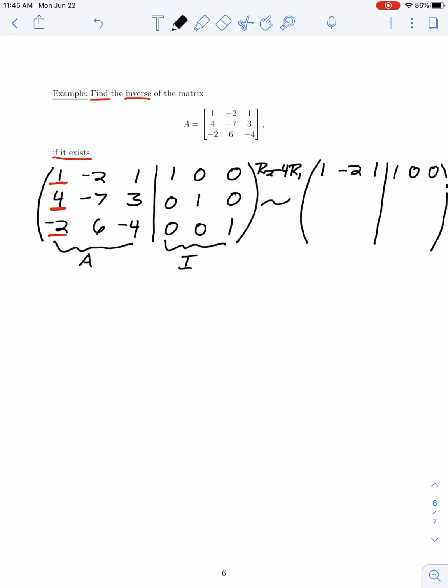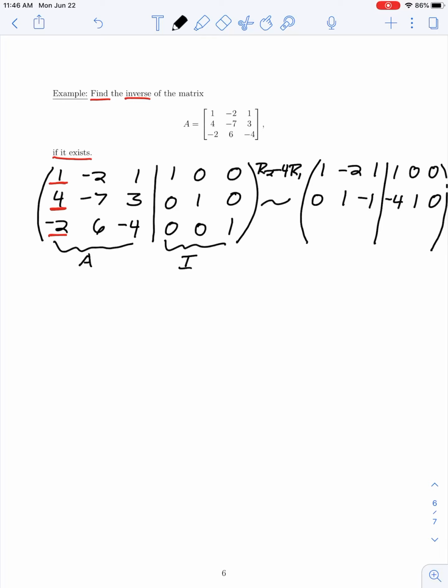When I perform this operation on the left-hand side, I have negative 4 plus 4 is 0. 8 minus 7 is 1. And then minus 4 plus 3 is negative 1. In performing that same operation on the right-hand side, my second row becomes negative 4, 1, 0.